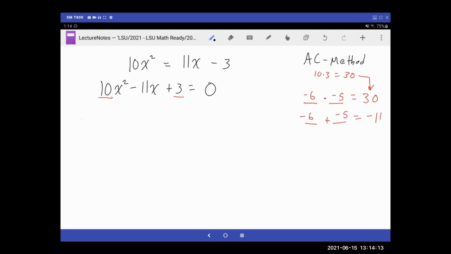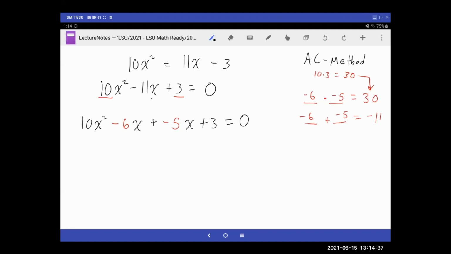So I'm going to use those numbers to split this problem into a few extra terms. Okay, so it's color coded so you can see where that -6 and -5 came from. Of course, it's here.